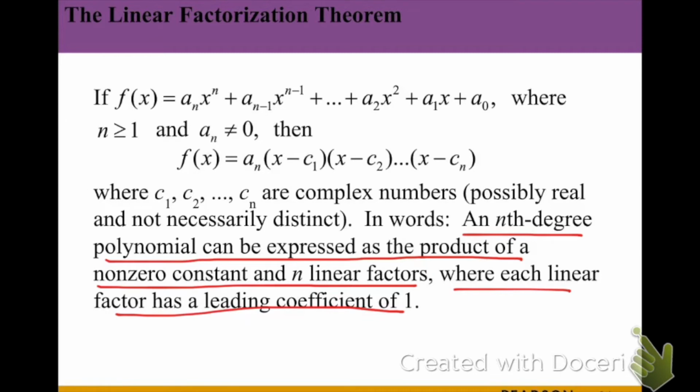In other words, an nth degree polynomial can be expressed as the product of a non-zero constant, the a, and then n linear factors, where each linear factor has a leading coefficient of 1. So any polynomial can be written as a set of factors, and then it might have a coefficient other than 1 out in front. We're going to use this to help us create polynomials given certain information.